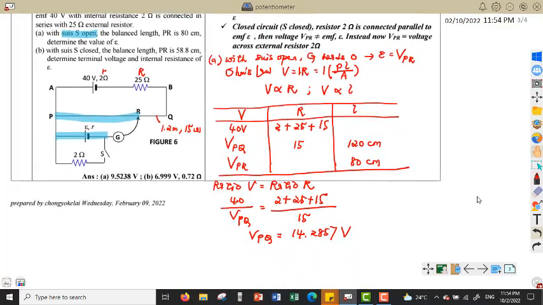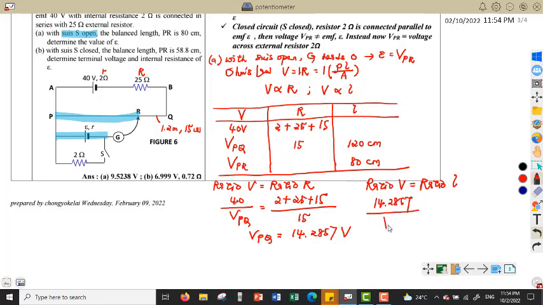So class, after we get the voltage across the whole wire, then we try to relate the voltage with the length of the wire. So we have ratio V equal to the ratio length. So the whole wire is 14.2857 volt.